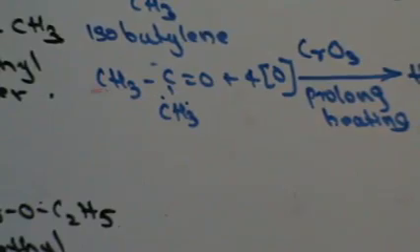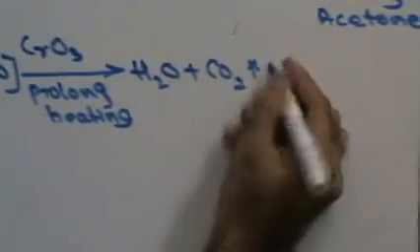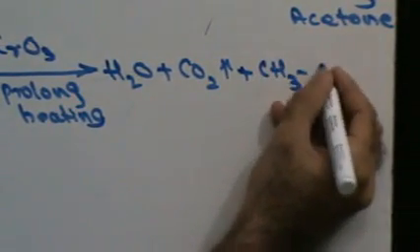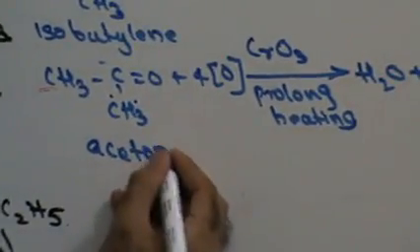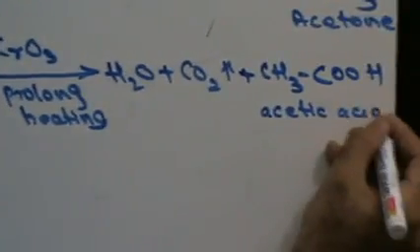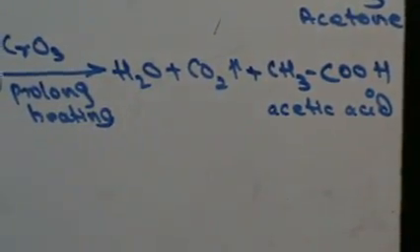Sorry, I have 2 oxygens remaining with me. So this will give you CH3C, with 2 oxygens remaining and 1 hydrogen remaining. Acid. So acetone will get converted into acetic acid. This is how tertiary alcohols get oxidized.